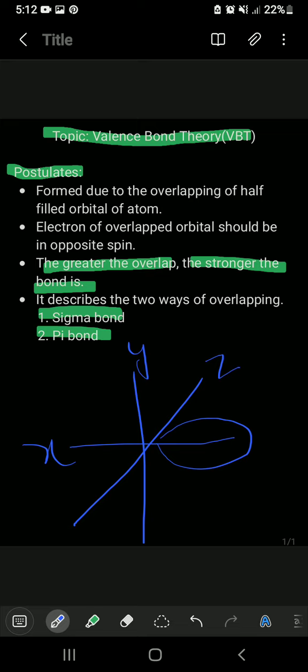It can be on the s orbital, or y orbital or z orbital.